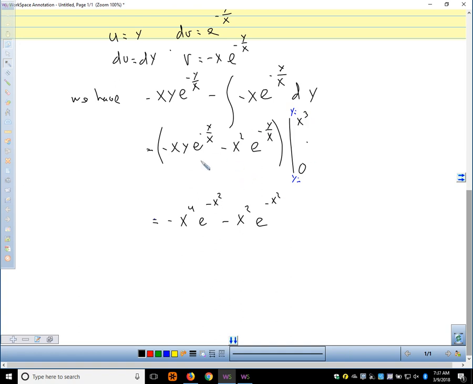So this is at my upper limit of integration, minus 0, because y equals 0, minus x squared. E to the 0 is 1. And finally, I can write that as x squared times 1 minus e to the minus x squared.